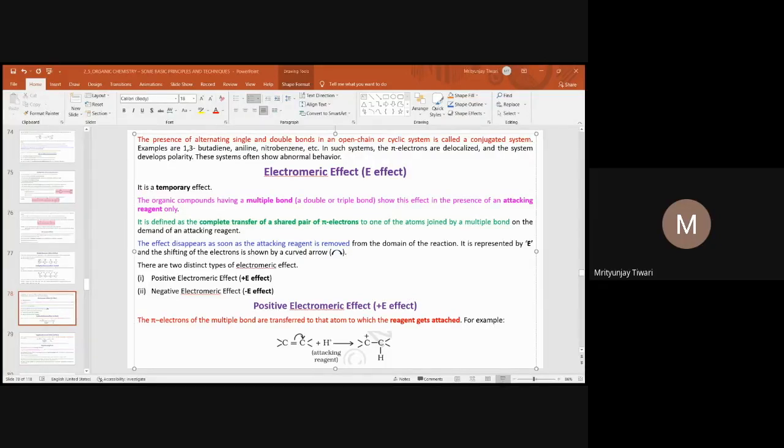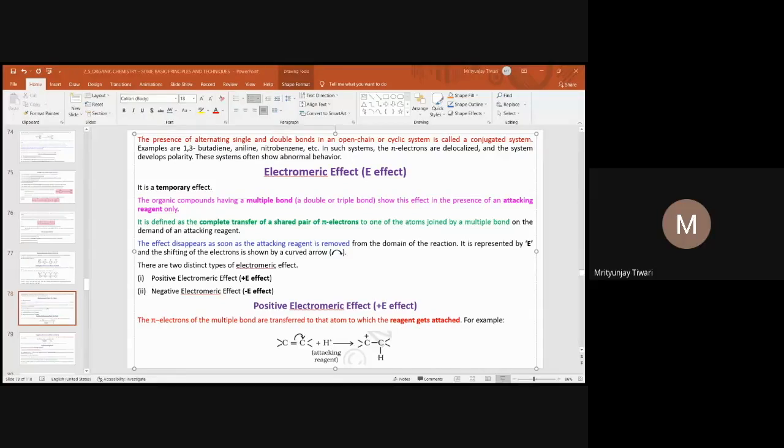But this angle is not only 90 degrees, it is more than 90 degrees. And the lobe you see on this side is very small, so it will not overlap with this. The overlap will only happen in this region, and because of the angle of around 109 degrees, it is a partial overlap only.